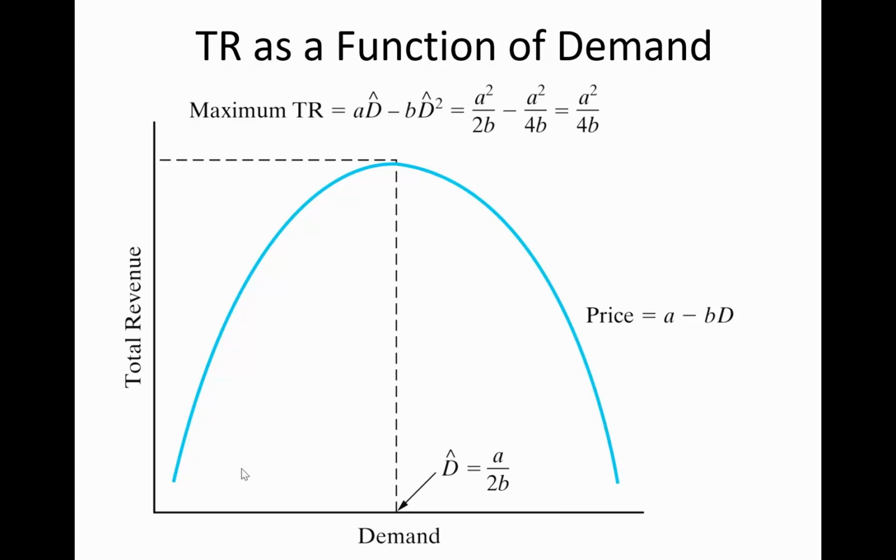And so what this shows is that there's a formula for D hat, this little symbol across the top, we're going to call that a hat. D hat is A, which remember was the intercept of the vertical axis. A is what price would it be for nobody to buy the item. Divided by 2B.